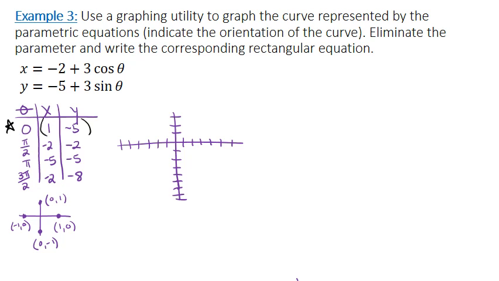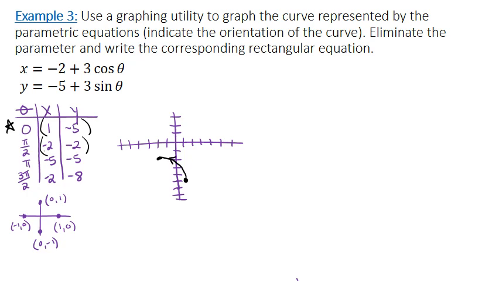So I'm going to plot this ordered pair: 1, negative 5, which is here. Then when I plot the next one, pi over 2, I have this ordered pair, negative 2, negative 2, which is here. So I know that I'm going to go from here to here.